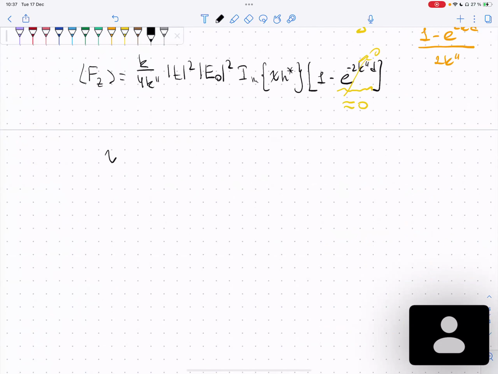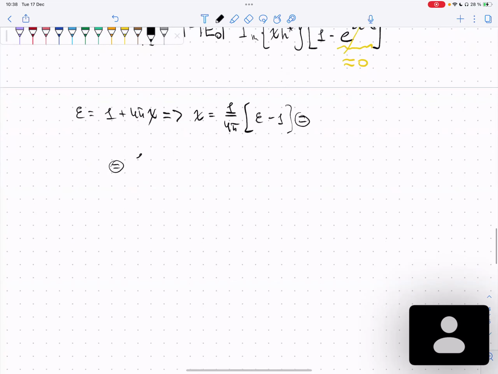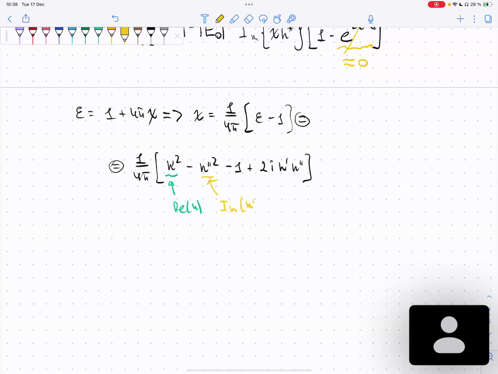We know that the permittivity equals 1 plus 4 pi chi, which basically means that susceptibility equals 1 divided by 4 pi, epsilon minus 1, or in other words, 1 divided by 4 pi, n prime squared minus n double prime squared minus 1 plus 2i n prime n double prime, where this is the real part of the refractive index and this is the imaginary part of the refractive index.